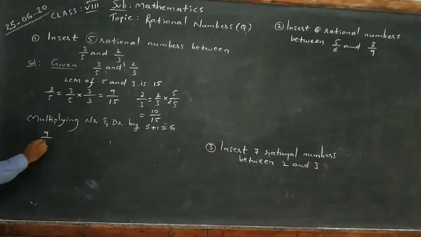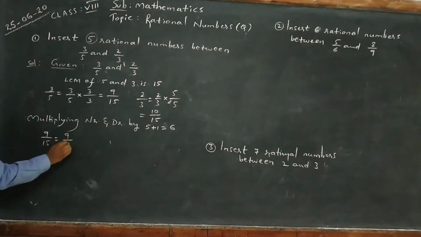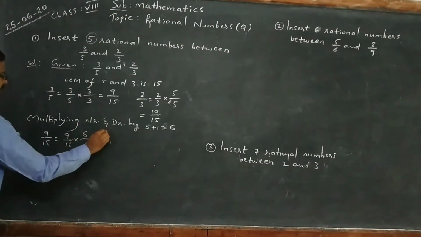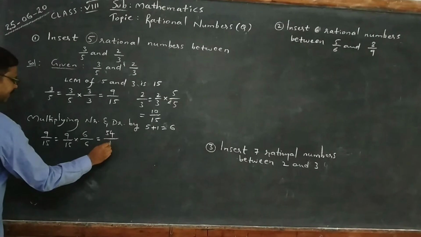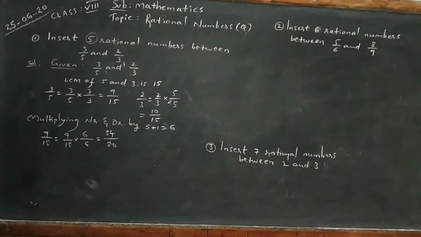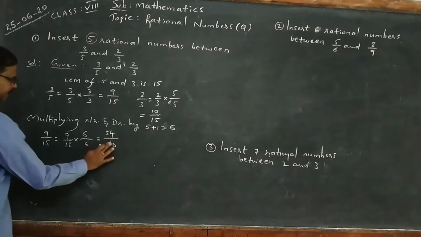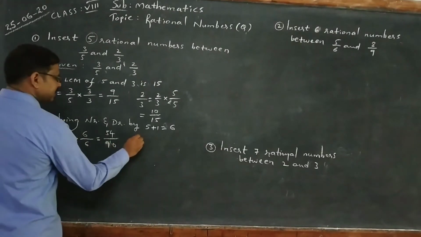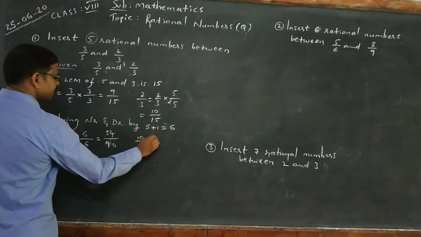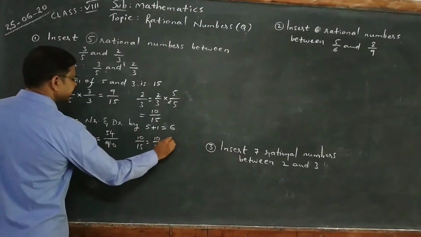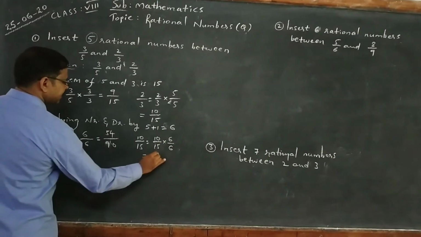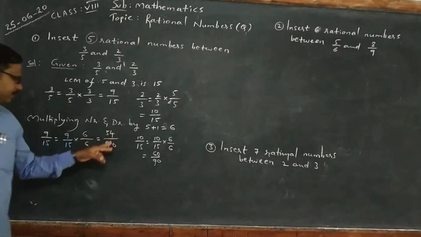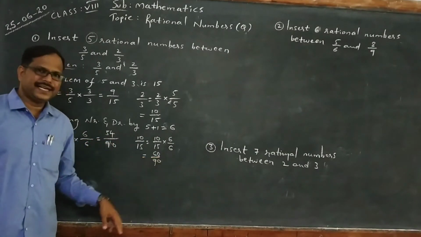So take 9 by 15 into 6 by 6. 9 6s are 54, 15 6s are 90. Now second one, 10 by 15 into 6 by 6. So 60 by 90.